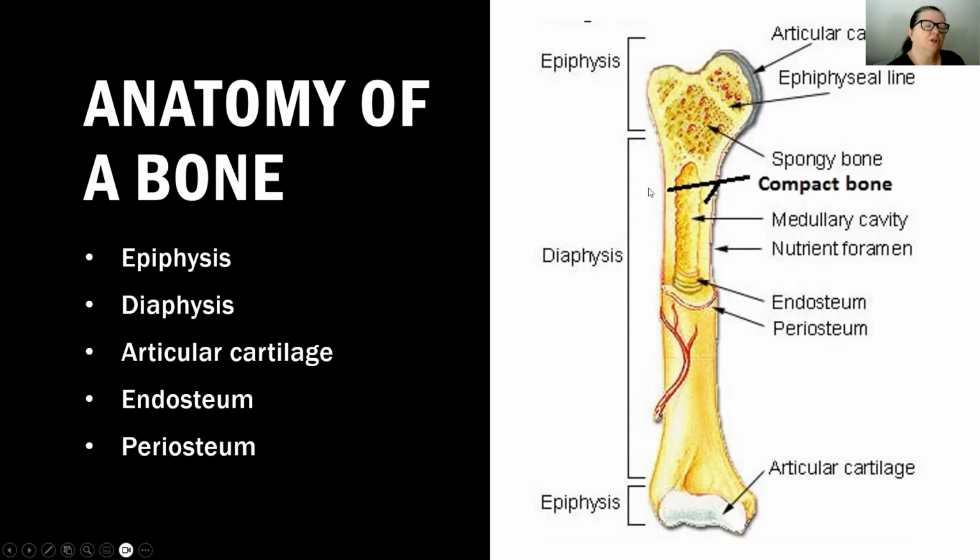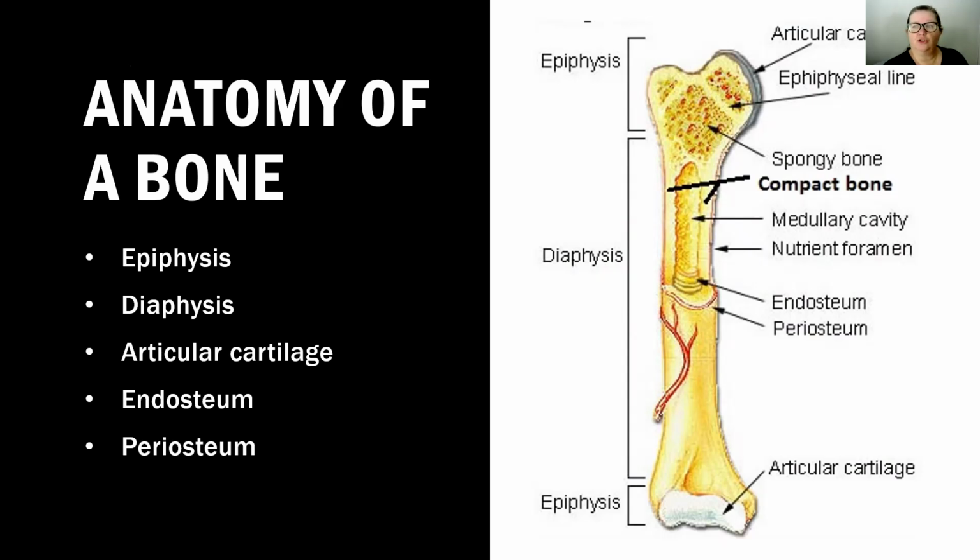And then once puberty hits, especially in girls, it happens a little quicker than in boys. But once puberty hits, that line starts to seal up. So even as an adult, if you looked at those bones, you would see the line, you would see where it was and where it's sealed.